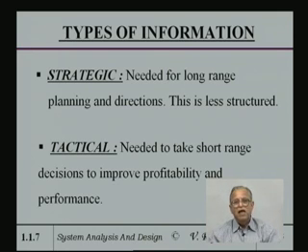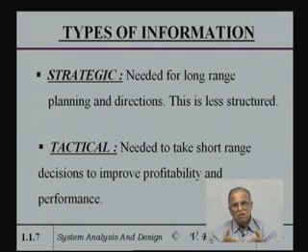Now the only way I can take this decision is by my own experience and by talking to other persons who are in similar business. So it is not something which is presented to you based on the processing of all information. Sometimes it is there, but sometimes you have to take your own, what I would call, judgmental decisions.